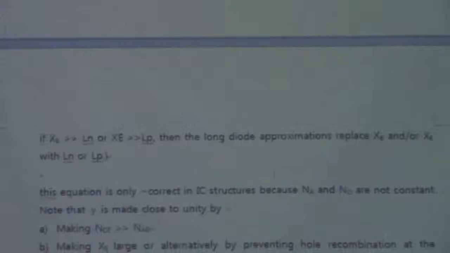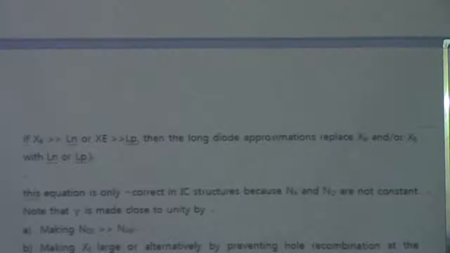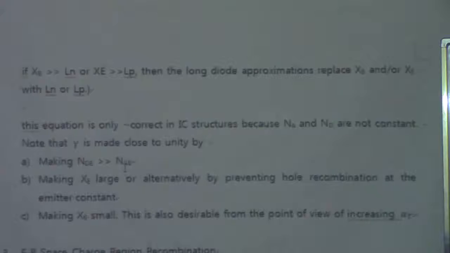And the long diode approximation replaces XB and XE. That's a simple thing. Now, this equation is only correct in an IC because base doping and emitter doping are not constant.